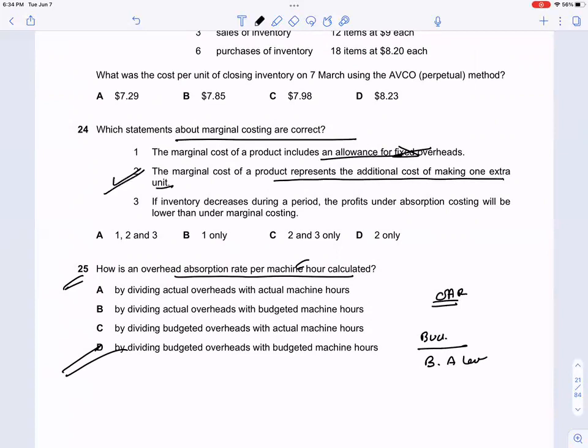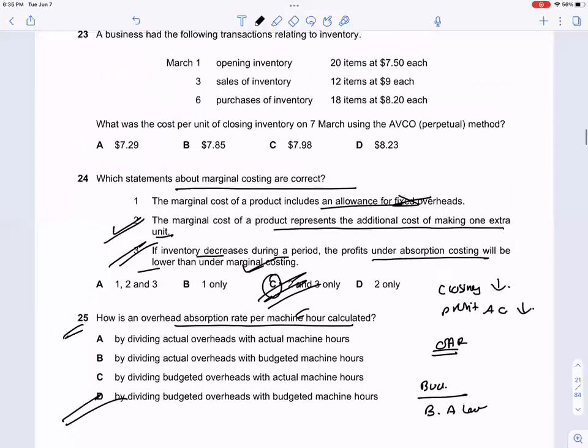Correct. If inventory decreases, the profit under absorption costing will be lower than under marginal costing. Correct. So which statement about marginal costing is correct? 2 and 3 only. What does the third one mean? If your closing inventory will decrease, so profit under absorption costing will decrease. Okay. So this statement is correct.